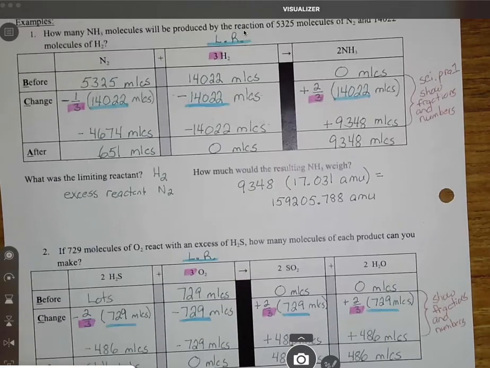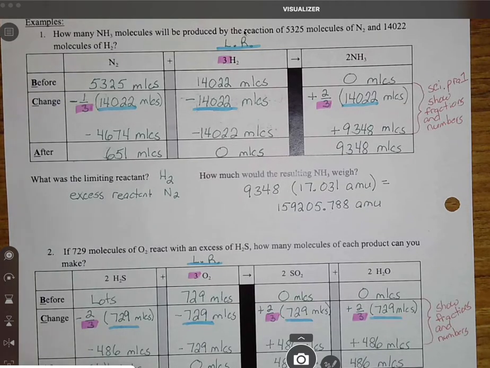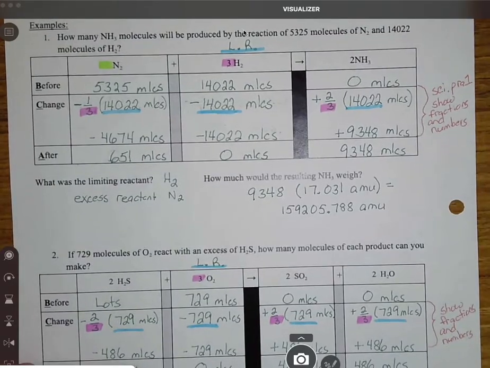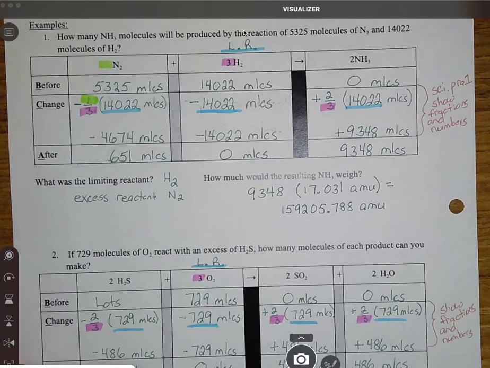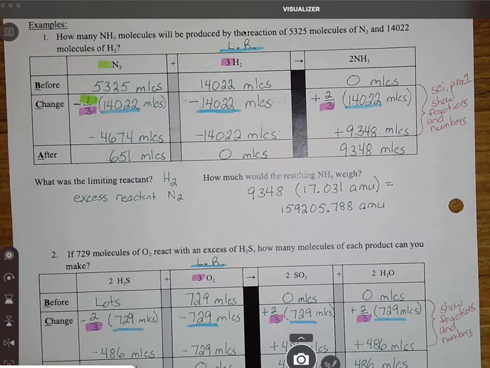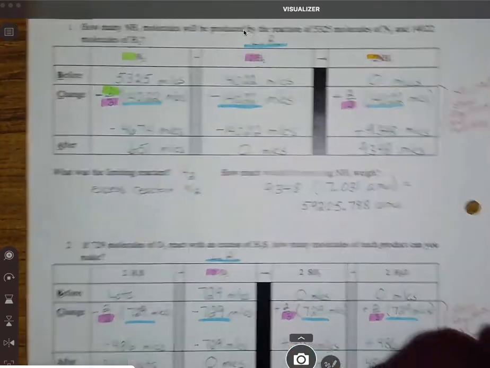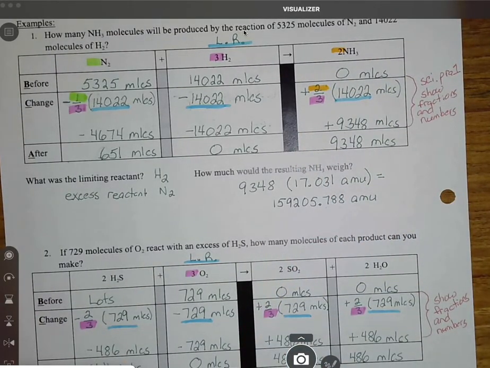The other number that shows up in that fraction is the number that comes from that box. The number in front of this nitrogen is a 1. That becomes the numerator in the N2 box. The number in front of NH3 is a 2. That becomes the numerator in the NH3 box.